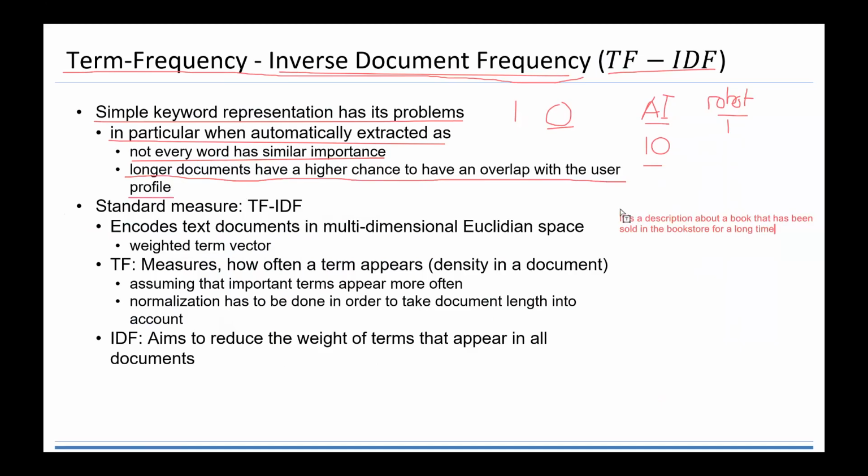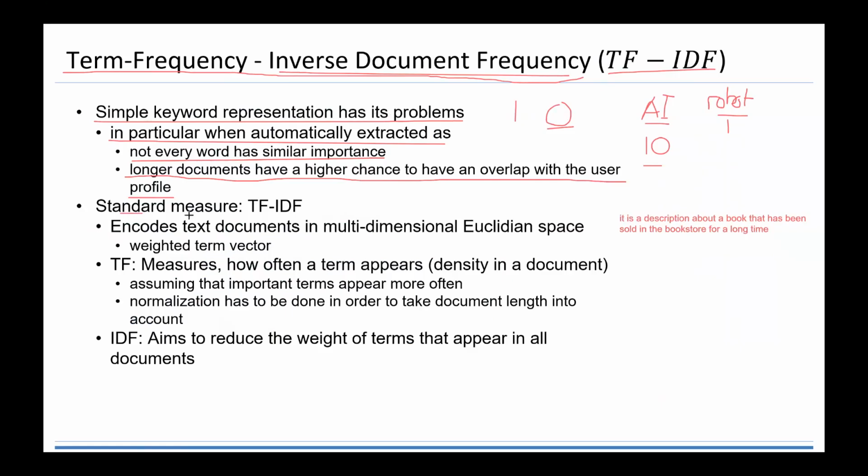If the document has a very long text, then it's very tough to work with 0 and 1. So we can use TF-IDF to look at the most probable keywords that overlap.